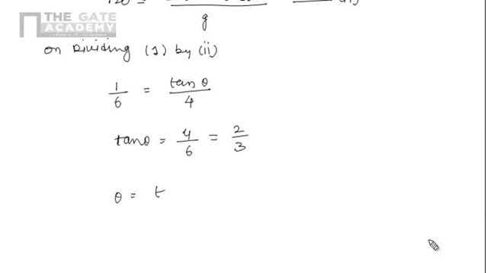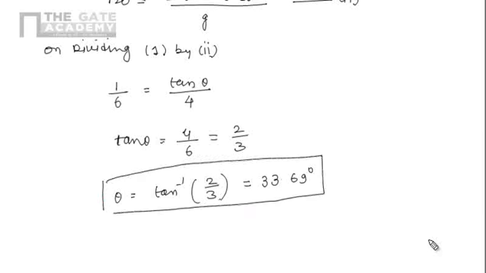So theta will be tan inverse of 2 by 3. Tan inverse of 2 by 3 is nothing but 33.690. So we can easily calculate the angle of projection, that is 33.69 degrees.